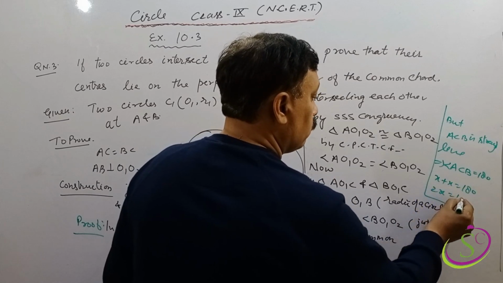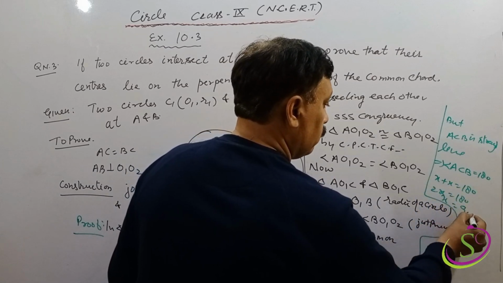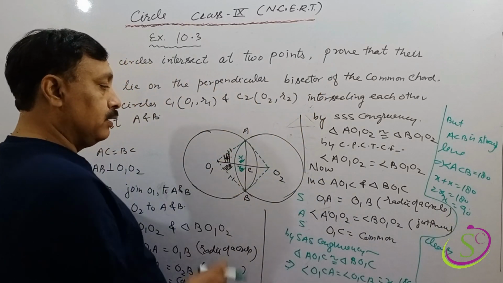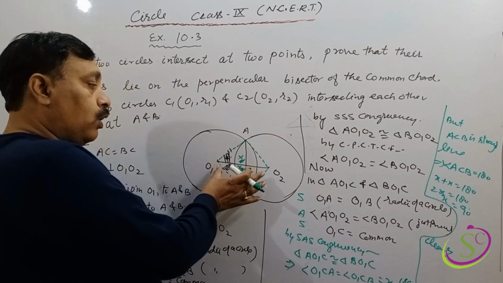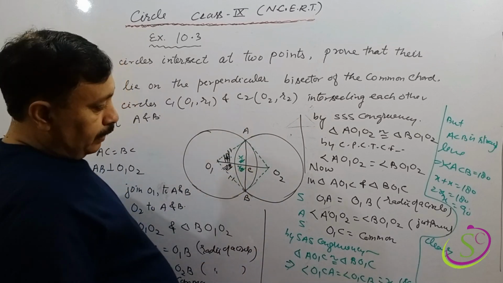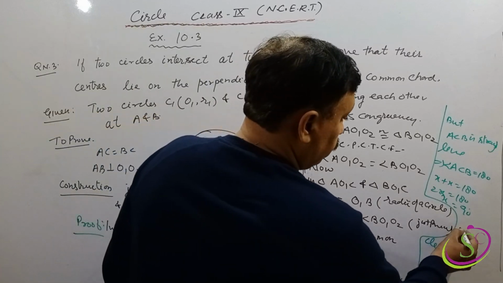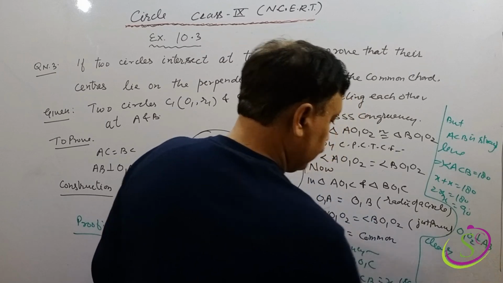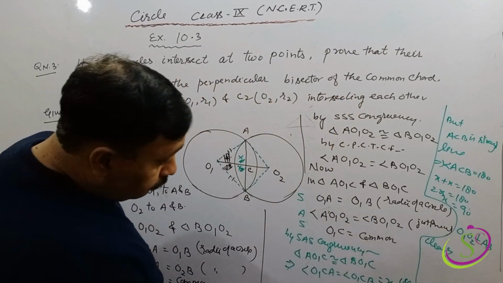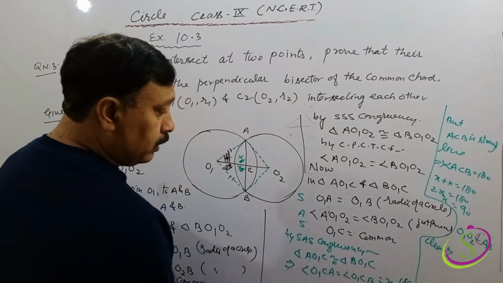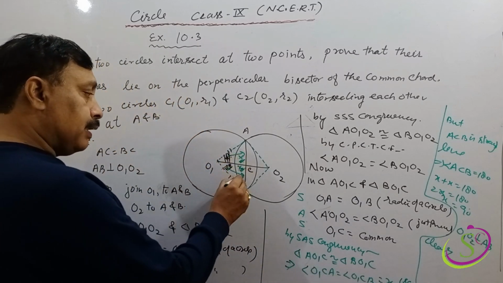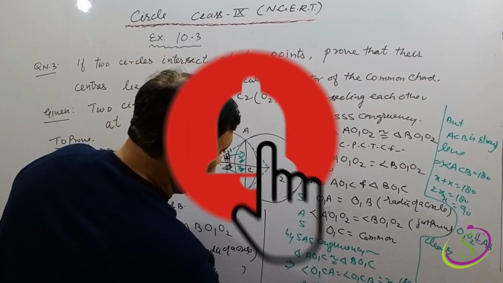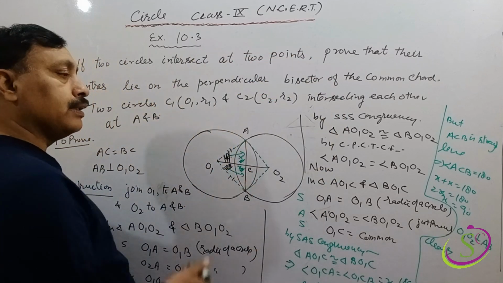So 2x equals 180 and x equals 90 degrees. So clearly we can see, when this is 90, O1C or O1 O2 is perpendicular to AB. Clear? And these two triangles are congruent, so this side and this side are also equal. So here we can say that AC equals BC by CPCT.